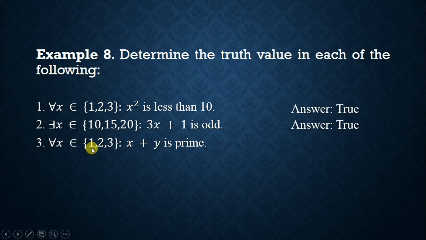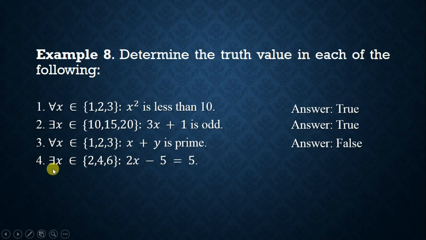Suppose we use 1 for x and 3 for y, so x plus y is 1 plus 3 equals 4, and that is not prime. Since this is universal, it makes this statement false.